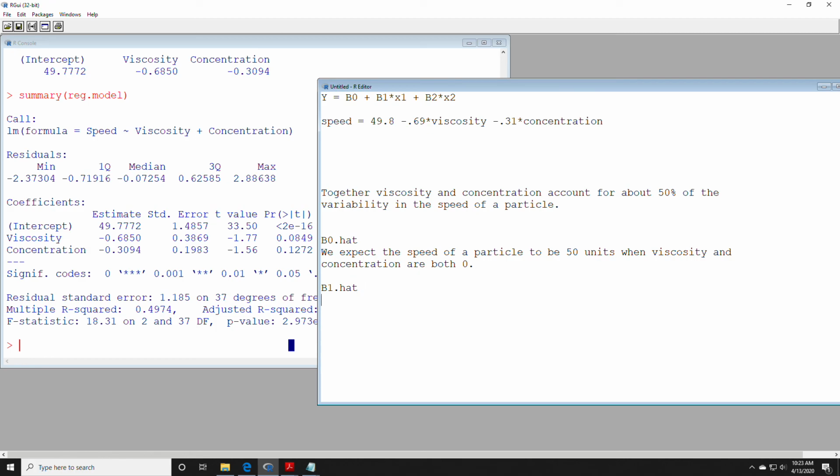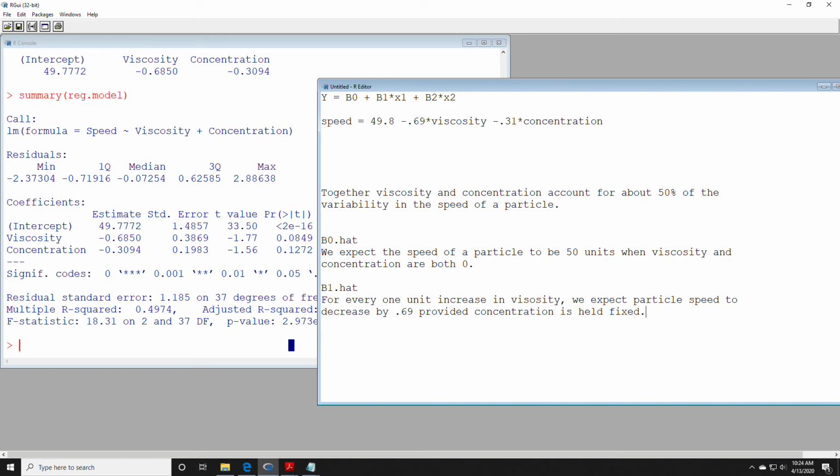So beta 1: for every 1 unit increase in x1, viscosity, we expect particle speed to decrease, since beta 1 hat is negative, by 0.69, provided concentration is held fixed.